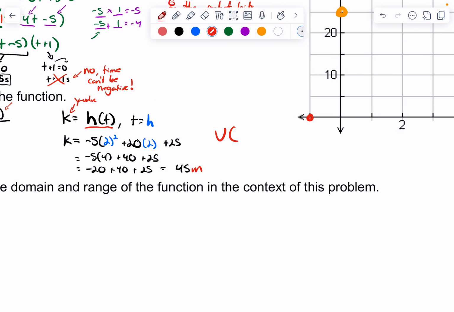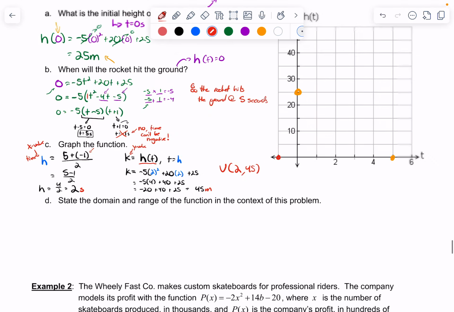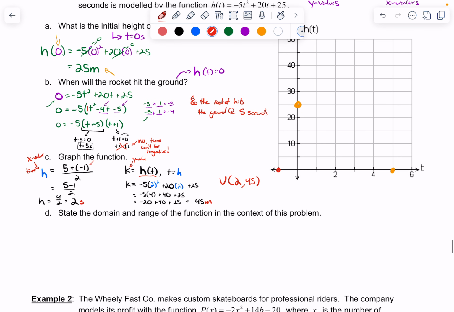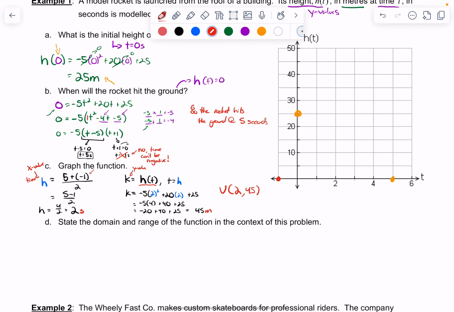Our vertex is at 2 seconds and 45 meters, so (2, 45). So we can plot our vertex at (2, 45), right there. Now that we have our vertex, we can connect the dots. You then go from here up to the vertex and then come down to your 0.